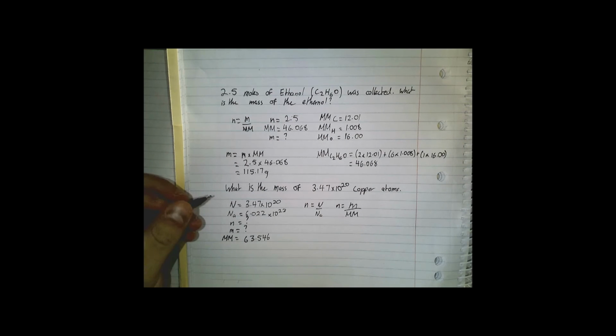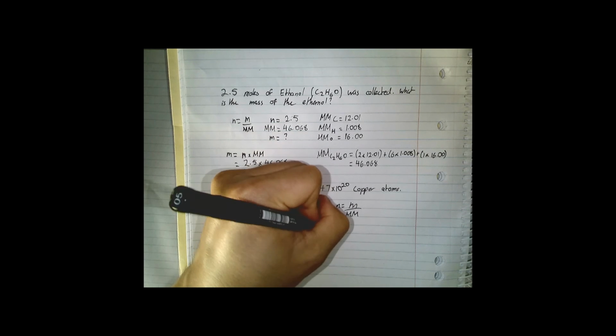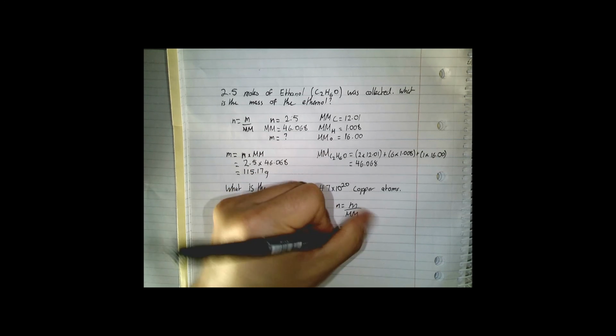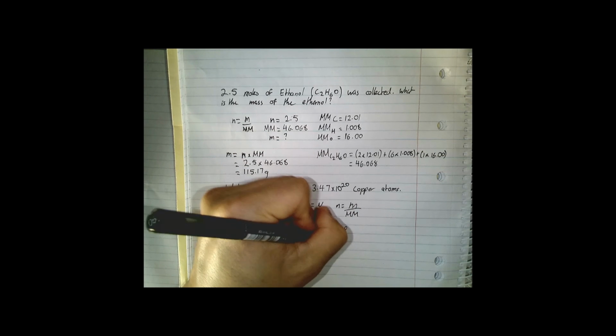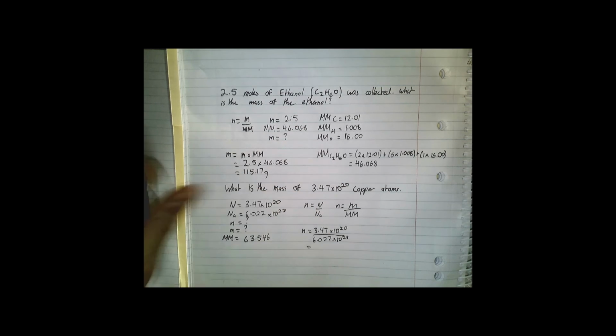So the one that we're going to be doing first is that the number of moles is equal to N over Na, and we're going to calculate for moles to begin with. Now to do that, we just substitute in quite simply. So 3.47 times 10 to the 20, all divided by 6.022 times 10 to the 23. I'm going to put that in my calculator.